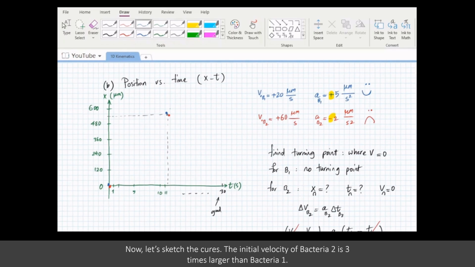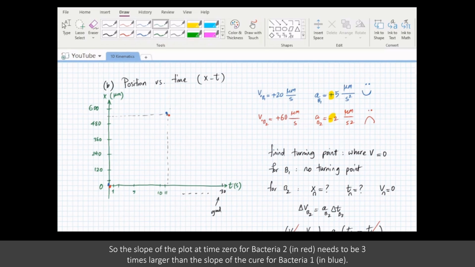Now let's sketch the curves. The initial velocity of bacteria 2 is 3 times larger than bacteria 1. So the slope of the plot at time 0 of bacteria 2 in red needs to be 3 times larger than the slope of curve for bacteria 1 in blue.